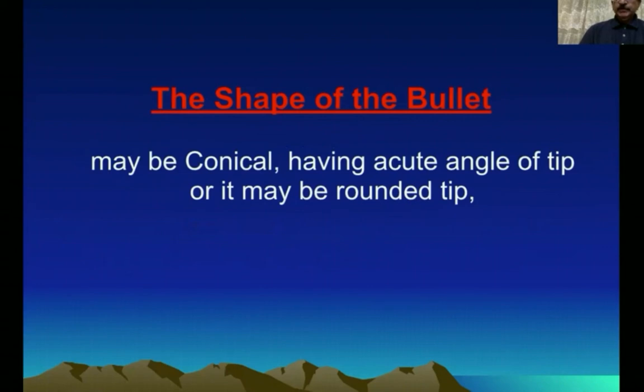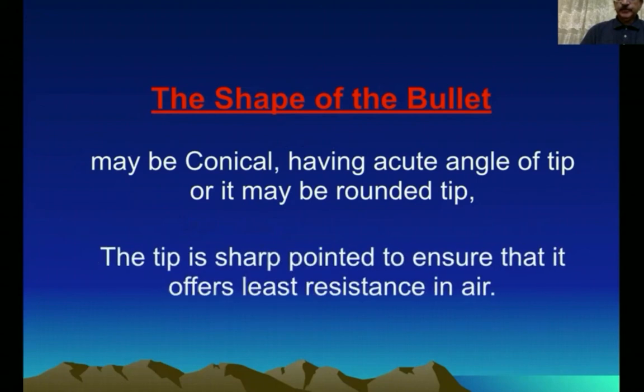Now, the shape of the bullet is important. It may be conical, having an acute angle at the tip, or it may be a rounded tip. The tip is sharp pointed to ensure that it offers least resistance in the air during its flight.